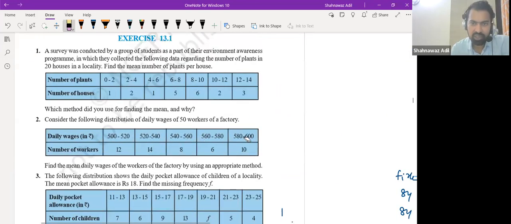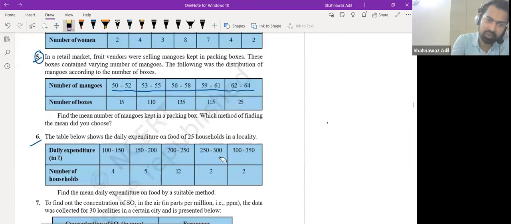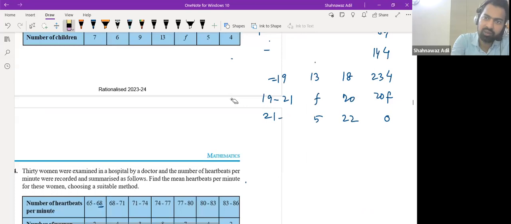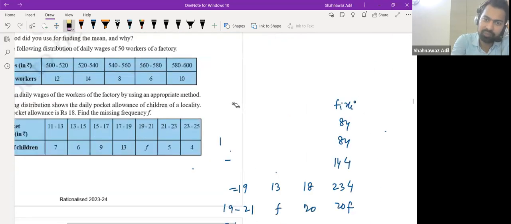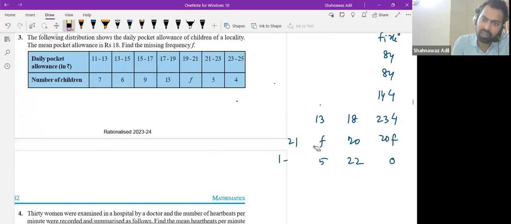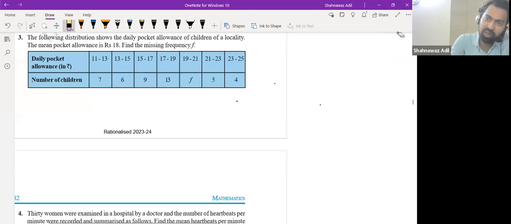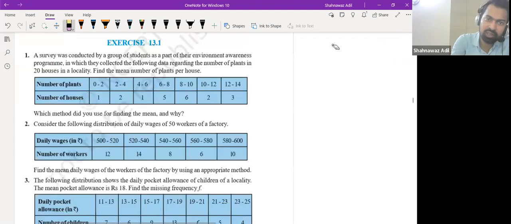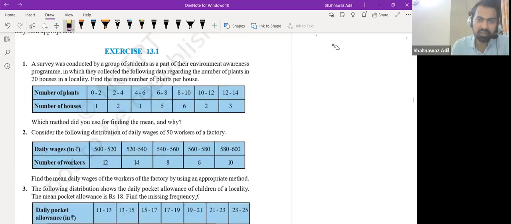Then calculating from the direct method would be difficult, multiplying these numbers. So it all depends upon you, which method you are comfortable with. If you are comfortable with the direct method, then you should use the direct method. But for large calculations, for simplified calculation, we can use step deviation. Yes, yes. So in here we can see that we should use this direct method.